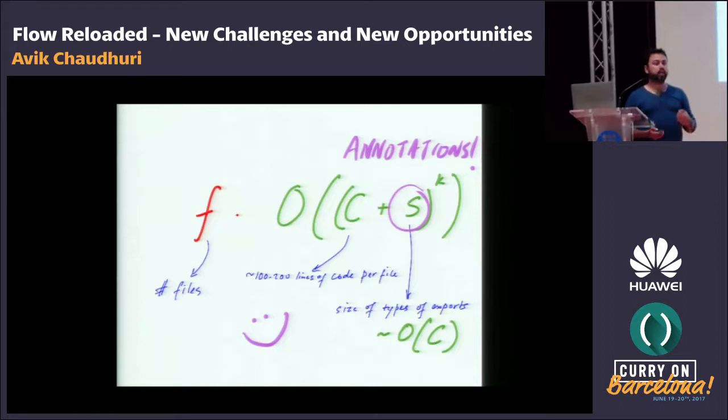So what we decided is that we are going to ask for annotations on your exports, and that gives us, instead of f^k, more or less f multiplied by some large constant, but still constant. So if c is the number of lines in a typical file, and s is the size of the type of exports, which is of the same order as the lines in files, it can be a bit larger, but it can still be bounded by a reasonable number.